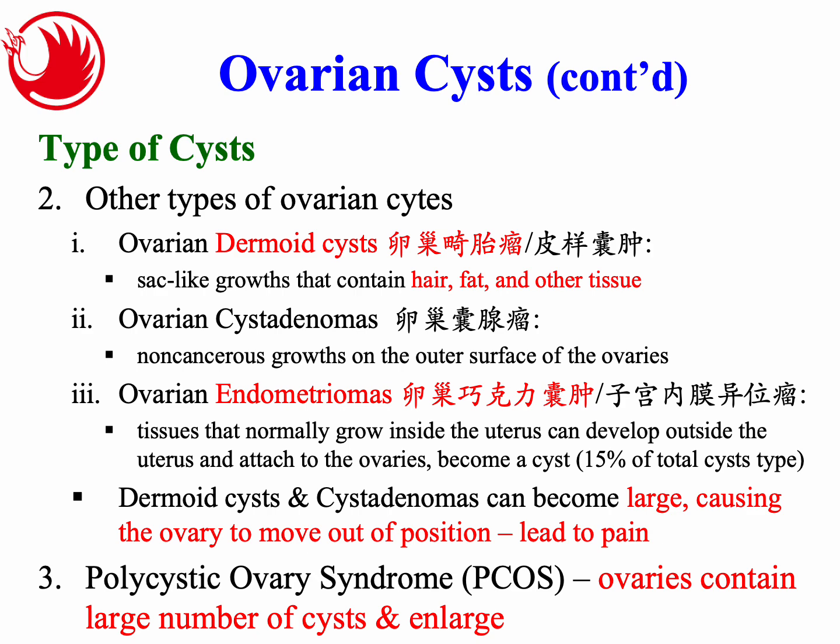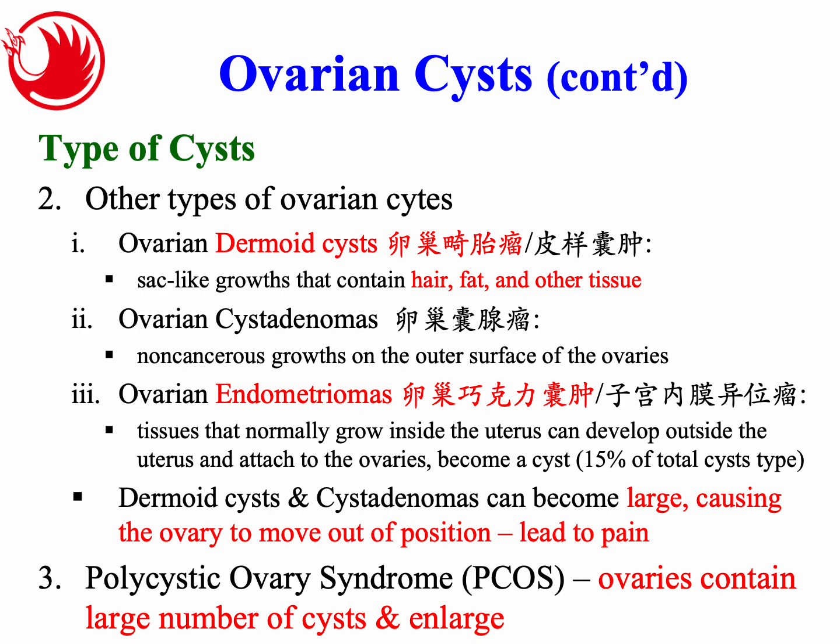Next is the ovarian cystadenomas. It's also a non-cancerous type, but it grows on the outer surface of the ovary, and it's also a fluid-filled cyst. Another one is the ovarian endometriomas.